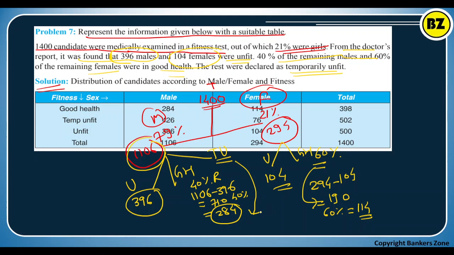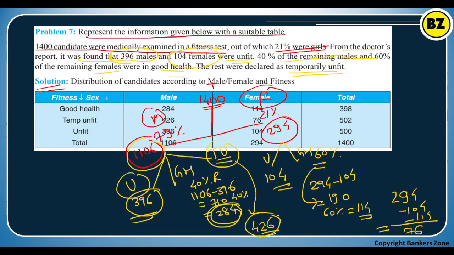So for the male, temporarily unfit you will get 426. Same you have to do with the females. Total is 294 minus 104 minus 114. When you solve, you will get around 76. So for the male we got 396 unfit, good health 284, and temporarily unfit 426.